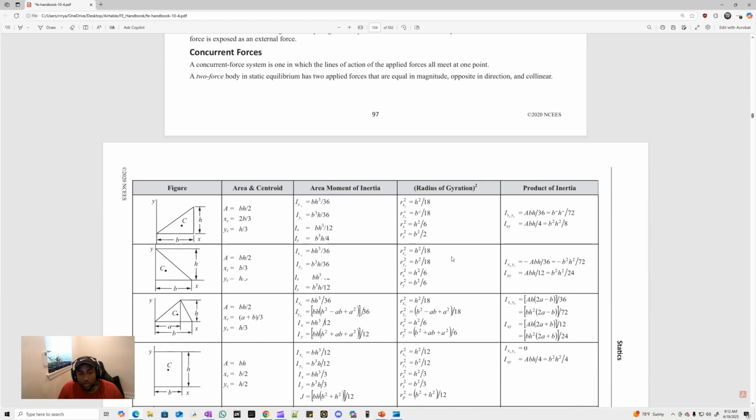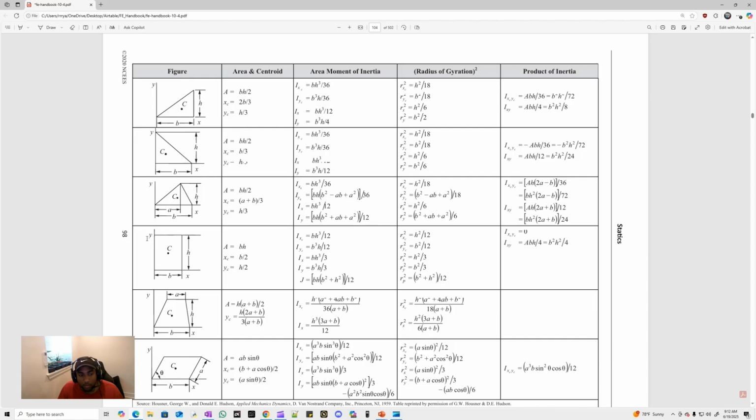I'd recommend that you memorize the moment of inertia of a rectangle about the centroidal axis, since it's super common, and the parallel axis theorem too. The moment of inertia of a rectangle about the x centroidal axis is just base times height cubed over 12.